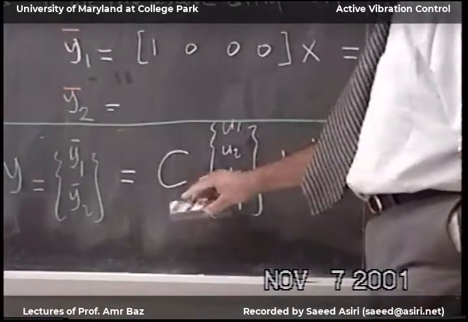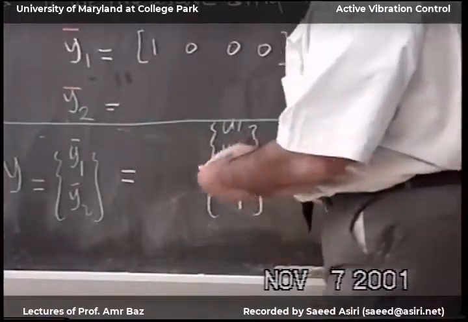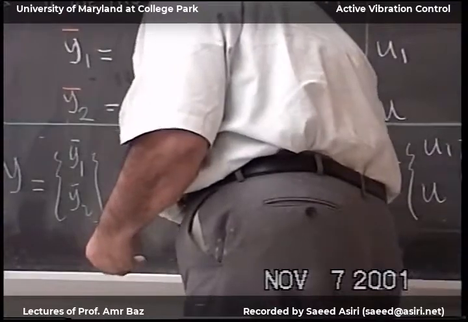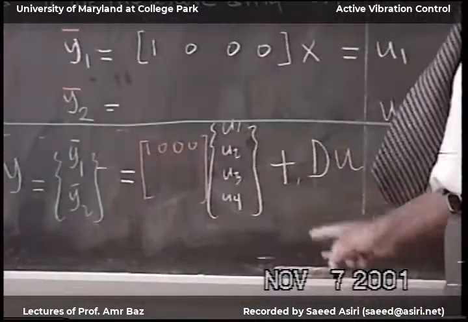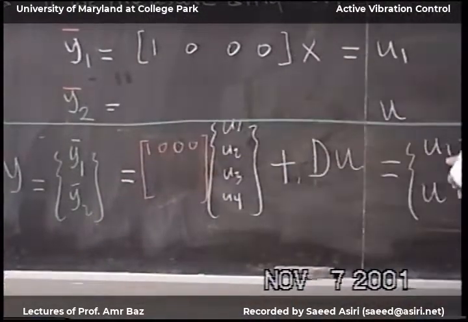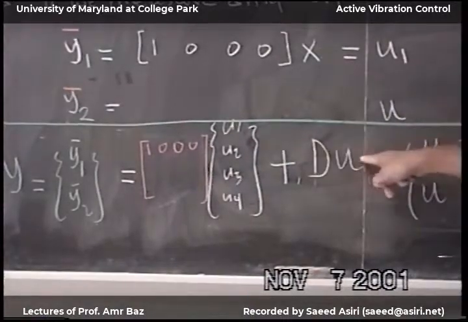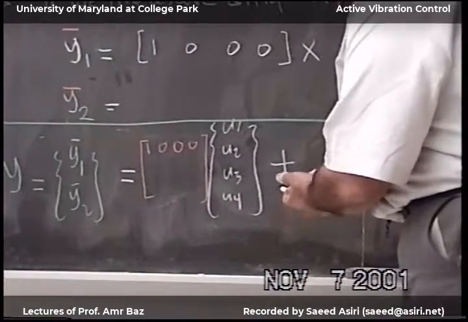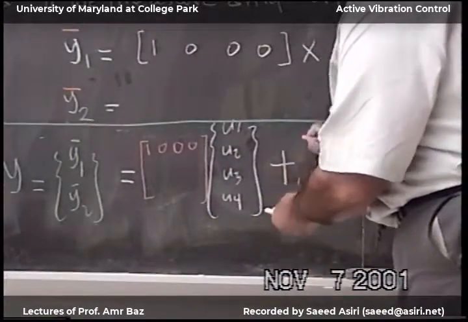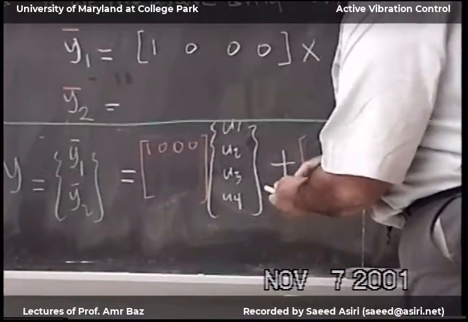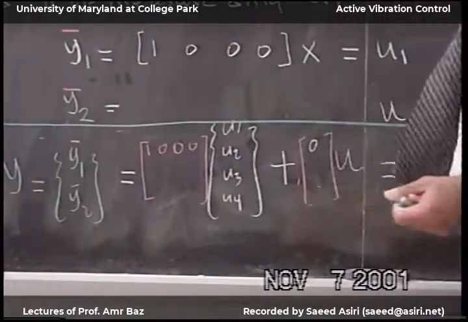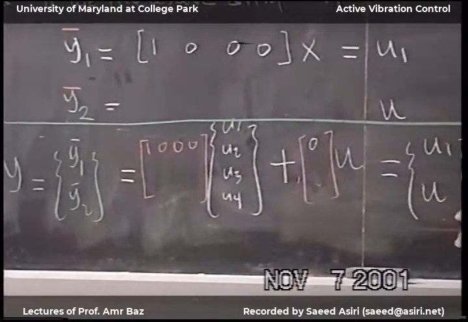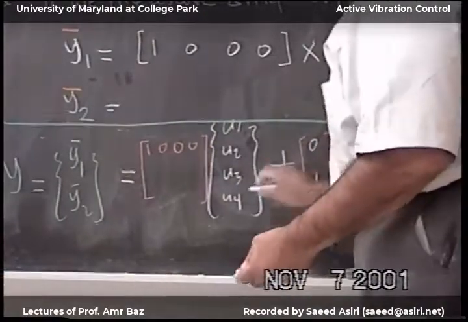I'm going to make this C like this, 1, 0, 0, 0, because when I multiply this times this, I'll get U1. I don't want anything from here, so this should be zero. Now I want the output from the second row only U. So this should be 1.